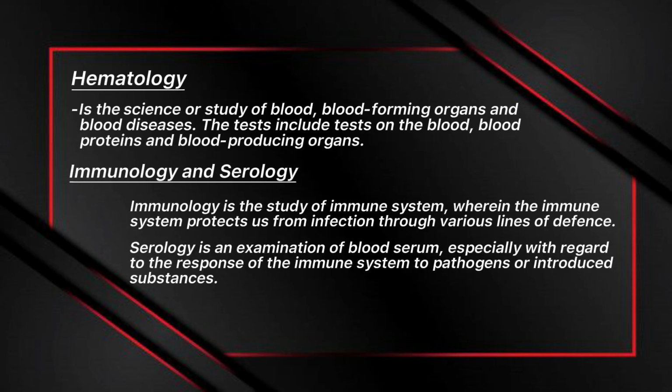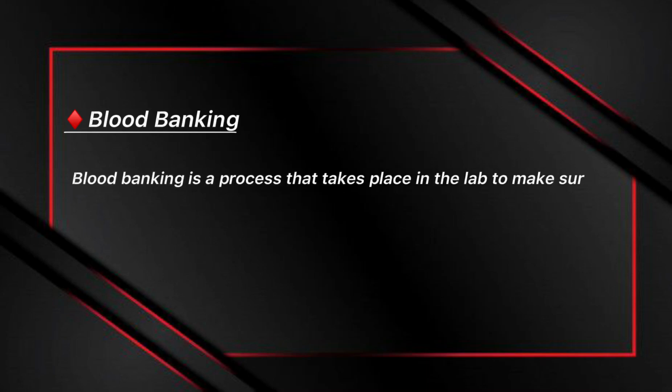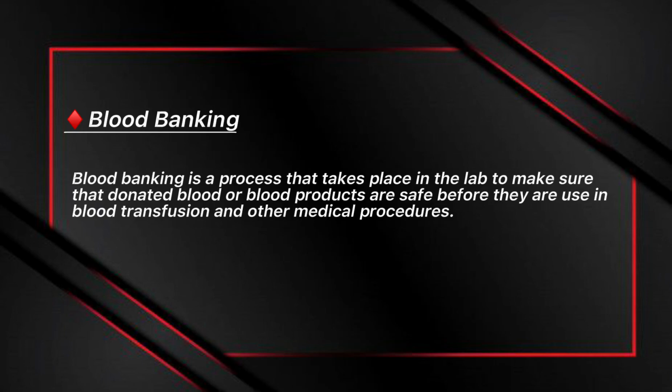Serology is an examination of blood serum, especially with regard to the response of the immune system to pathogens or introduced substances. Next, we have blood banking. Blood banking is a process that takes place in the lab to make sure that donated blood or blood products are safe before they are used in blood transfusion and other medical procedures.